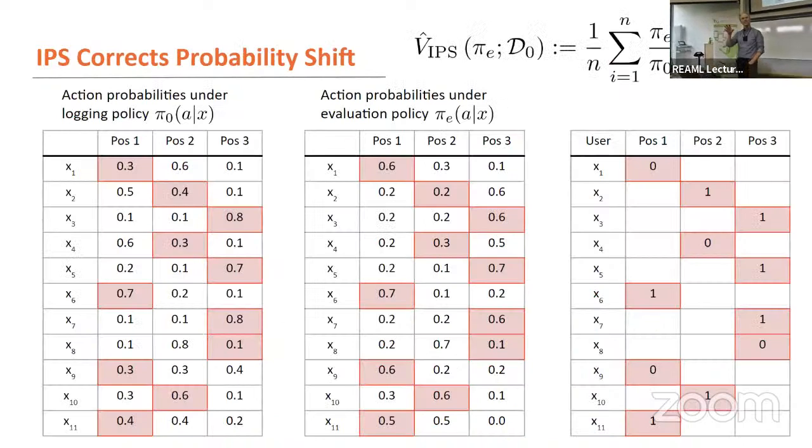Okay, so why does that work? Up here is the inverse propensity score estimator again. It's the probability ratio up there. Remember, our policies are just probability distributions. This is the logging policy here.